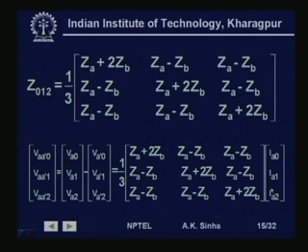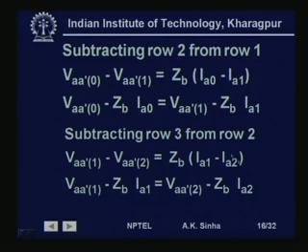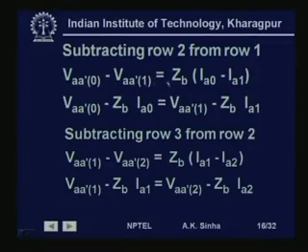Then, arranging this, we will get VAA dash 0 minus VAA dash 1 is equal to ZB into IA0 minus IA1. That is, if we do this subtraction of row 2 from row 1, this is what we are going to get, and this we can write as VAA dash 0 minus ZB into IA0.